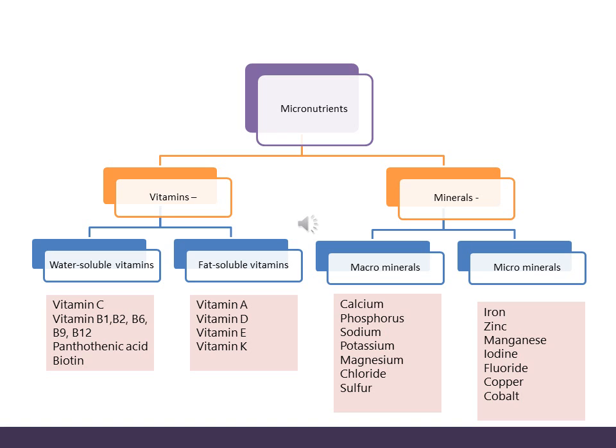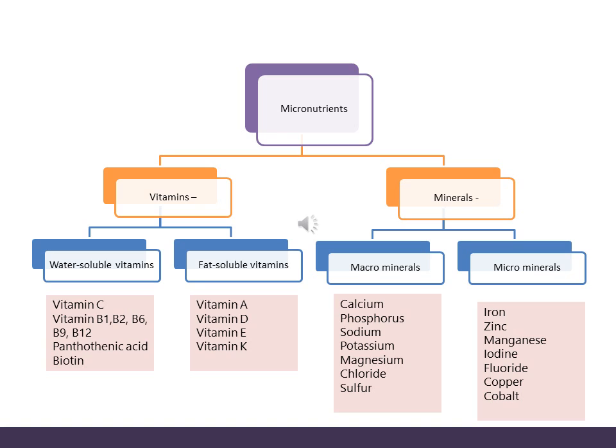Now, macronutrients, we already know them. Those are proteins, carbohydrates, and lipids. Aside from macronutrients, we also have micronutrients. From the word itself, micronutrients means our body requires a small amount of these nutrients because they help in body processes.